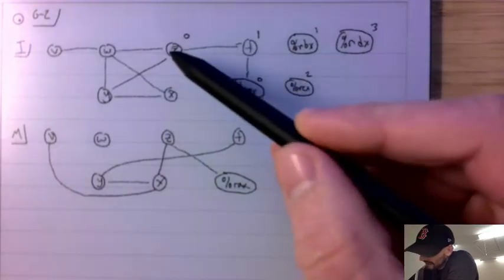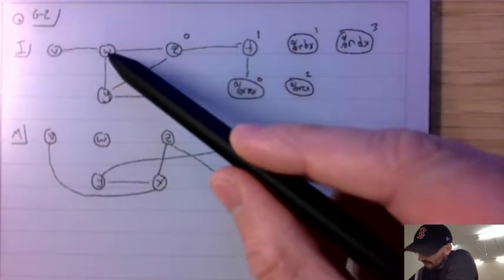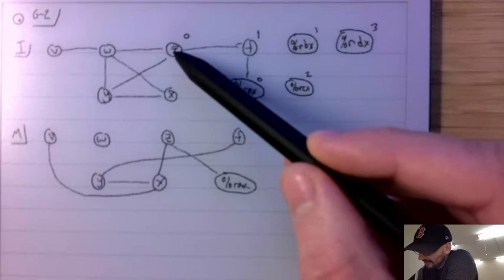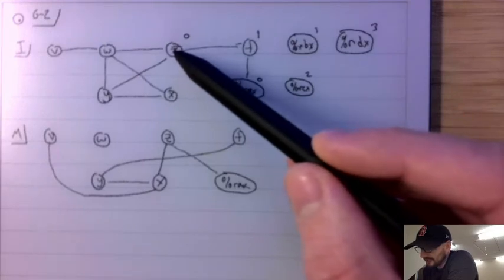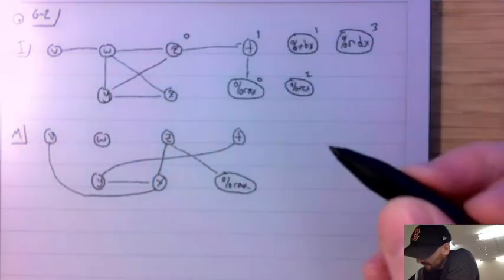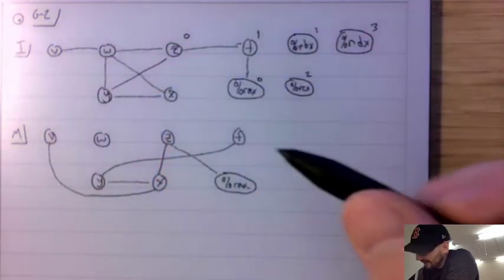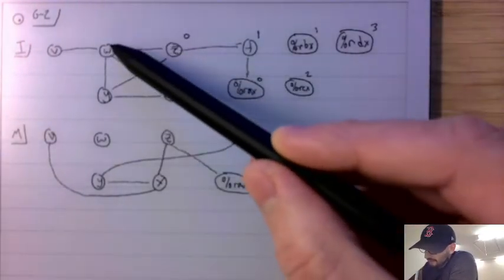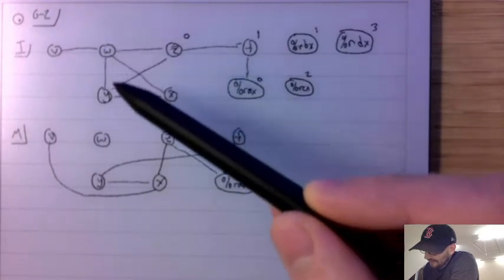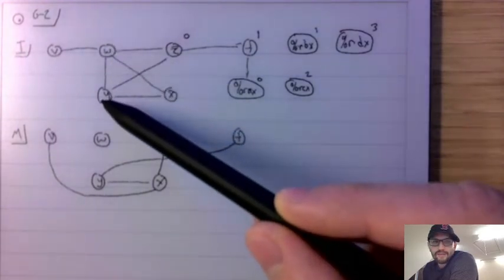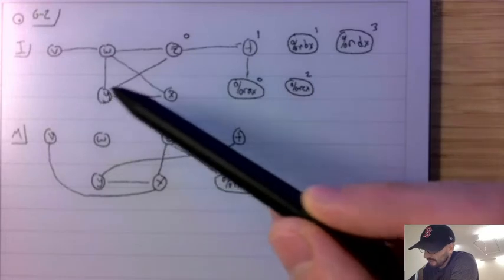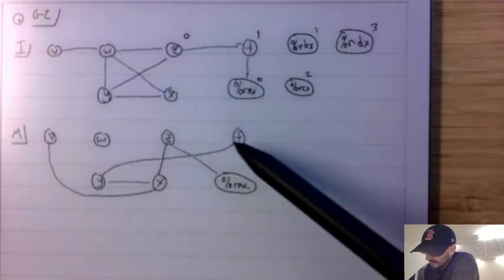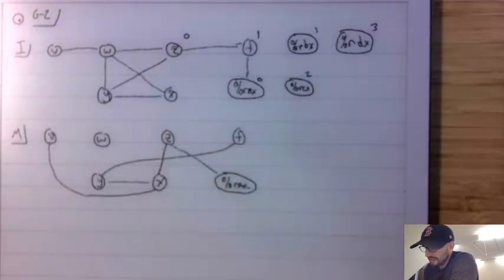Okay, now let's go to the next one. Let's go to w. So w is not allowed to be 0 because that's adjacent to z. So let's give it the label 1. Actually, okay, I'm running the algorithm in my head, and if I let w be 1, then it's going to make it so I can't let y be 1. And I want y to be 1 because I want it to have the same color as t because they're related in the move graph.